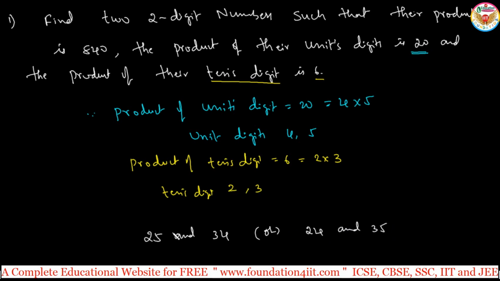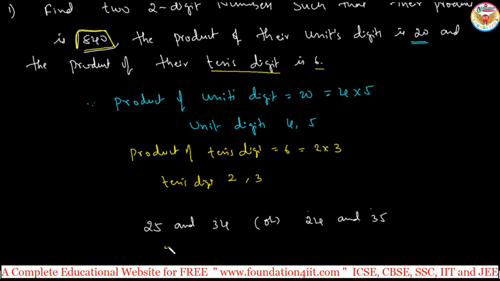Now, according to the first rule, the product should be 840. So 25 into 34 is 850, but 24 into 35 is 840. They asked for 840, so the required numbers are 24 and 35.